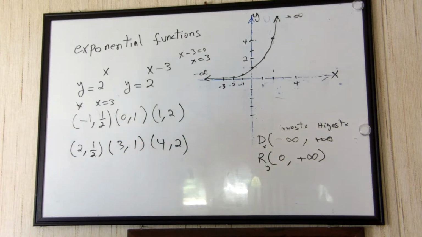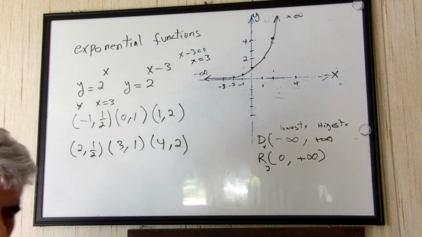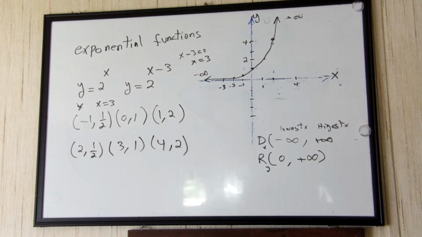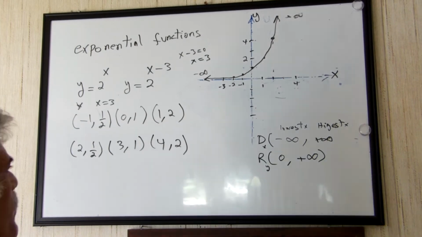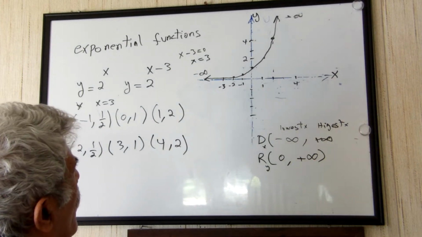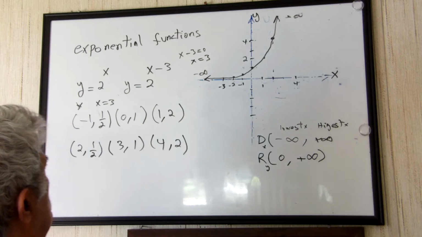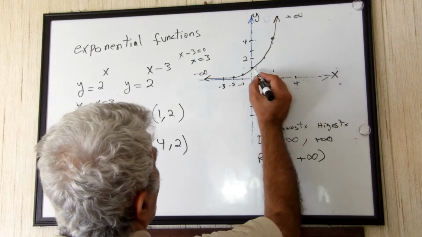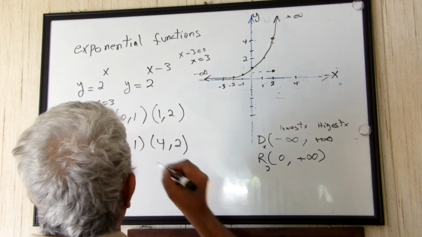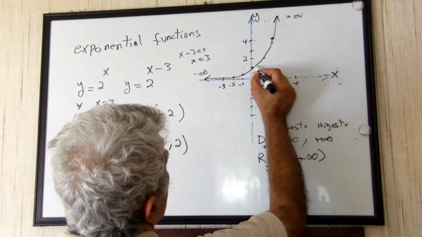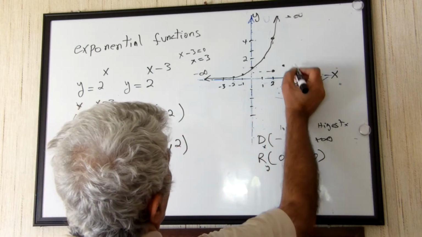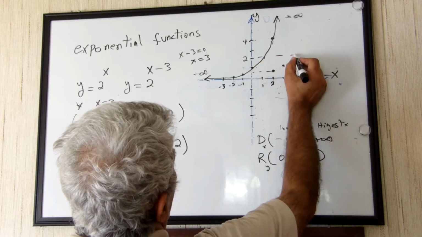Now we are going to solve another problem where you can change the y too. We locate these points. 2, 1/2 is going to be here. 3, 1 is going to be here, and then 4, 2.